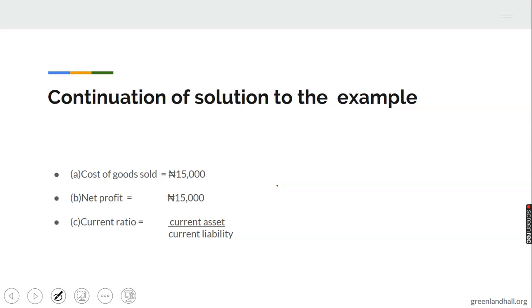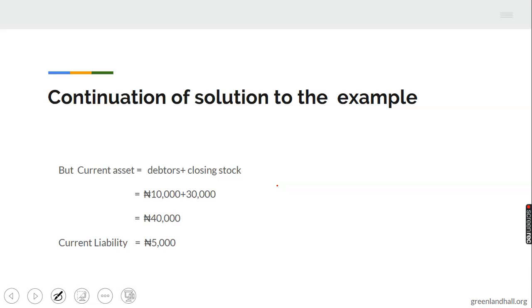The current ratio is obtained by the relationship current asset over current liability. So we can go ahead and determine the current asset. The current asset will be equal to the debtors plus closing stock, because these two are the only current asset items here. The debtors is 10,000 and the closing stock is 30,000, which gives us 40,000.